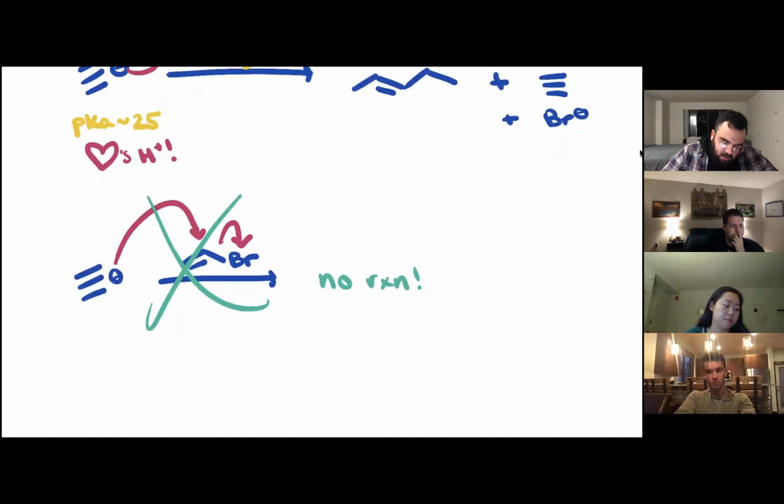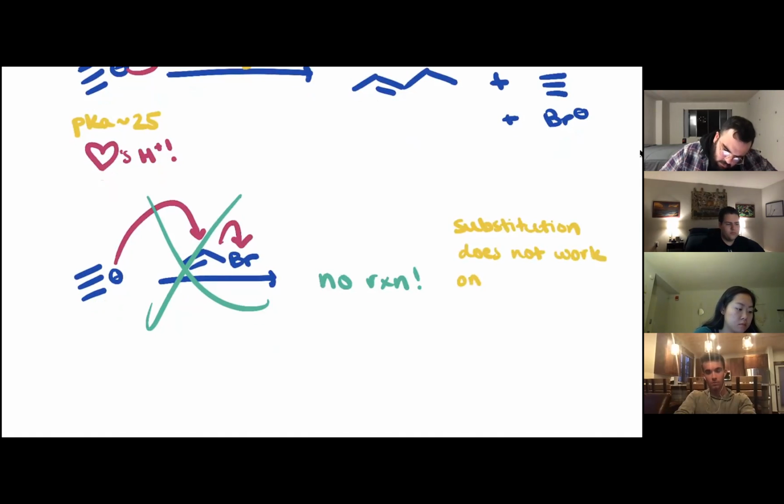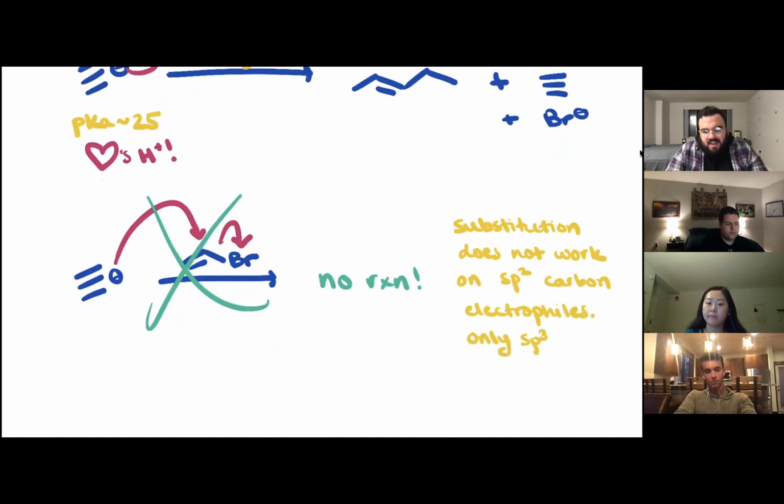Okay, and this is because substitution does not work on sp2 carbon electrophiles. Only do it on sp3. Okay, and remember that's because that sp3 is the most electropositive of the bunch.